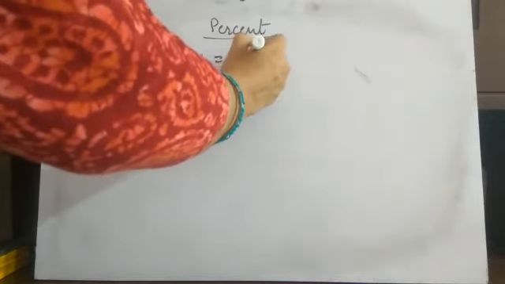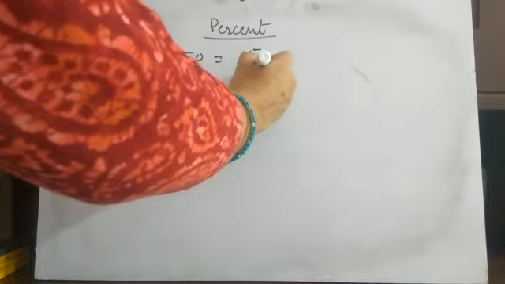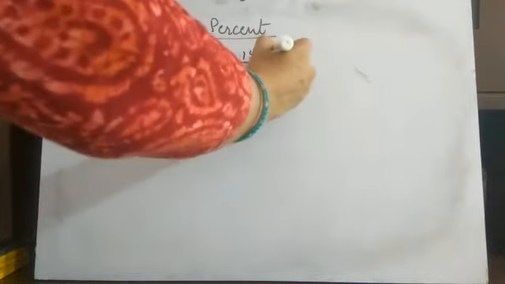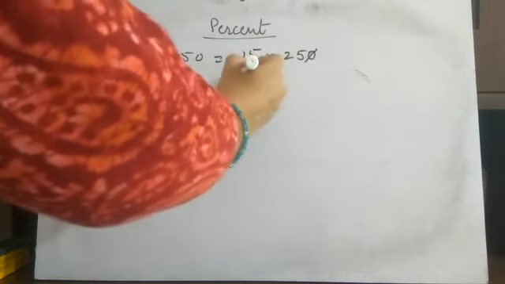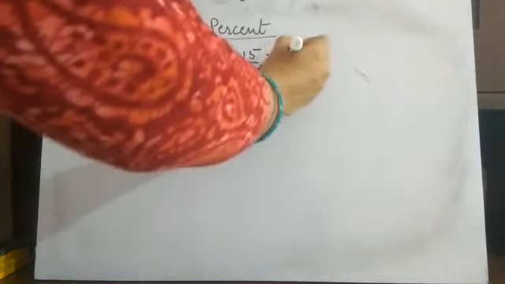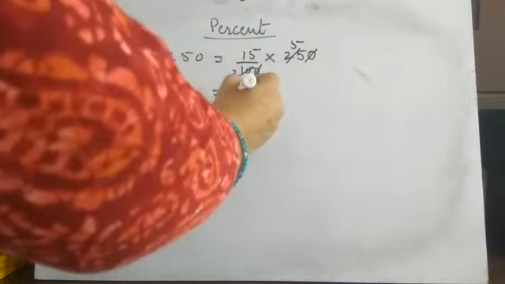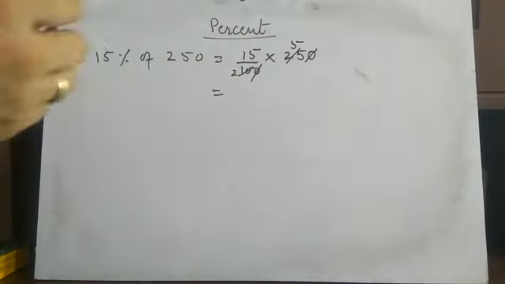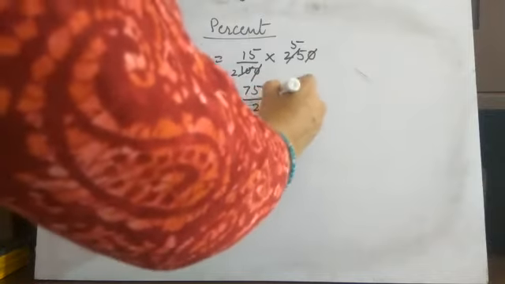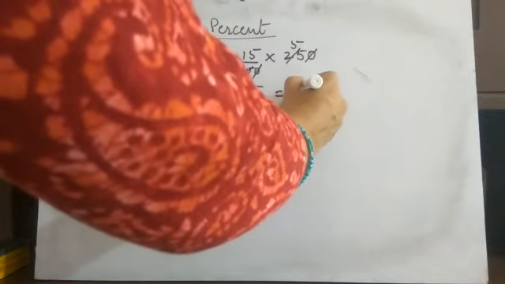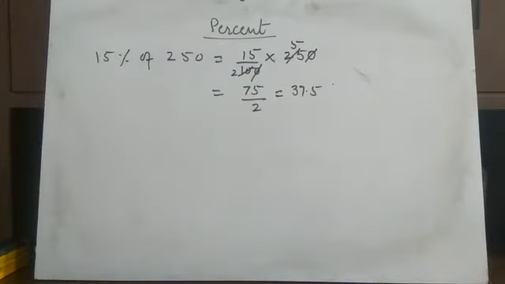So we write 15% as a fraction. Of means multiply, and then 250. So 15 5s are 75. You have 75 upon 2, that will give you 37.5 as the answer, right?